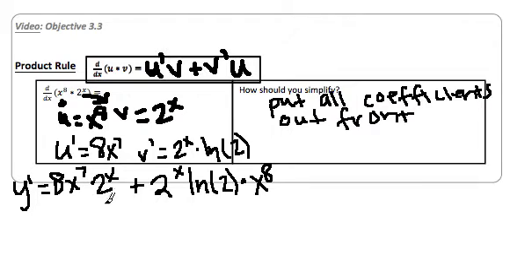Here we can't really do anything. We have 8x to the 7th times 2 to the x. We cannot multiply this and make it 16, so we're going to keep that right there. And then we have plus 2 to the x ln of 2 times x to the 8th. Again, there's nothing we can combine here, so this is just my derivative. So that's our first example using the product rule.